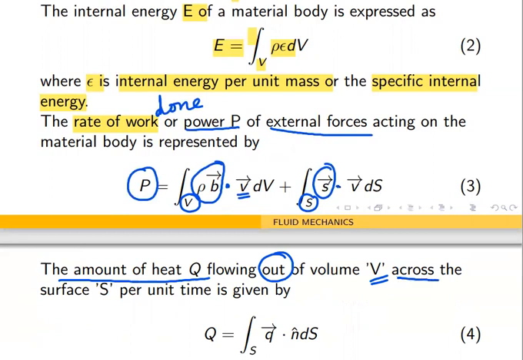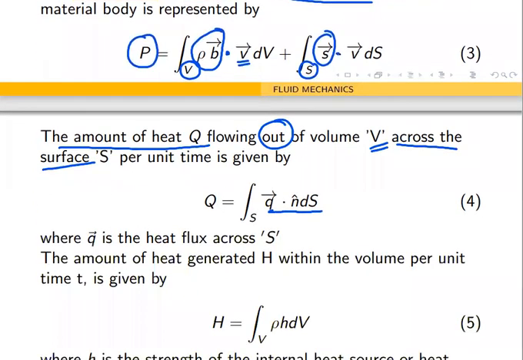It is going across the surface S per unit time. So Q is the surface integral of q dot n dS, very important, where q is the heat flux across the surface S. Let us call it equation 4. So equation 4 is the amount of heat that is going outside the volume V.